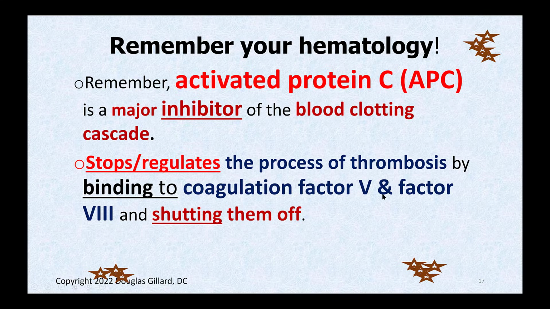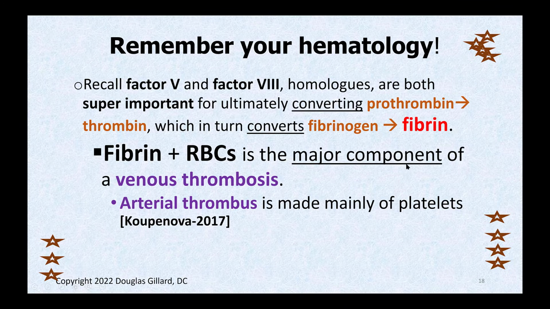So once your leaking blood vessel is clotted and patched from this coagulation process, you don't need to keep clotting, so you need to turn that off. So activated protein C stops the blood clot from getting out of control. It stops a simple coagulation or a patching of a vessel wall that's ruptured from going crazy and blocking the whole lumen. So activated protein C is very important.